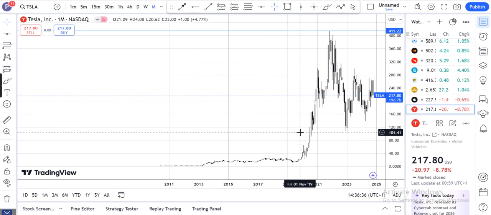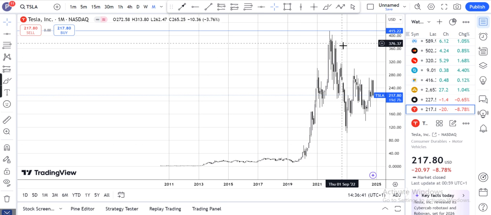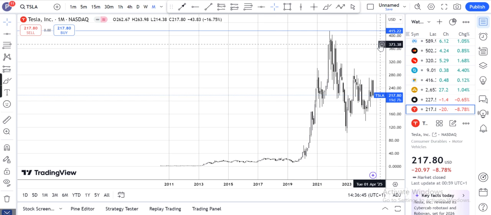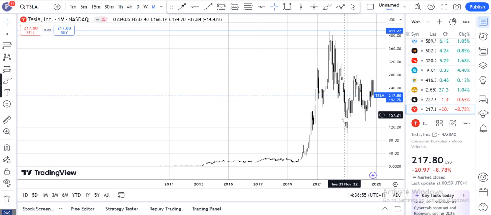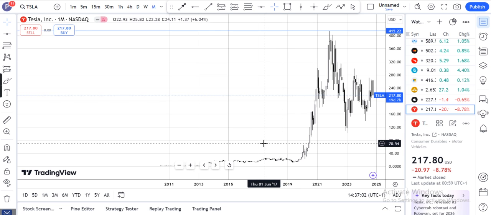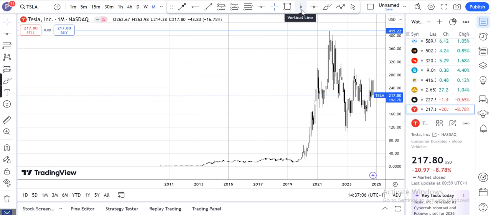Now, this Tesla stock, in time before, hit its highest price, which sat at $415.22. This $415.22 was the highest point the Tesla stock has ever reached since the company started.